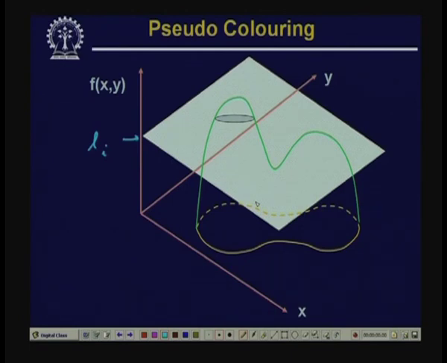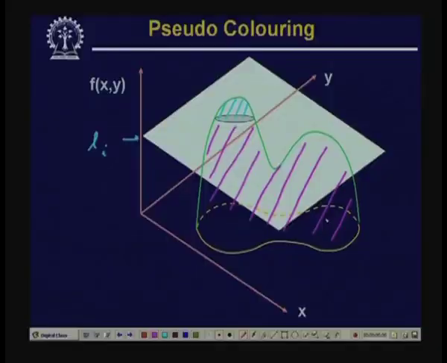Once I get these two halves, I can assign different colors to the two different sides of this plane. On this side I can assign one particular color, whereas on the other side I can assign another color. So, this is the basic technique of pseudo coloring: you slice the intensity levels and to different slices you assign different colors.